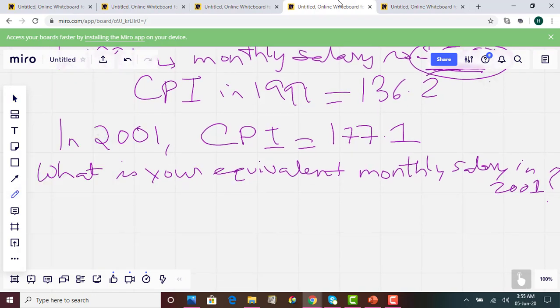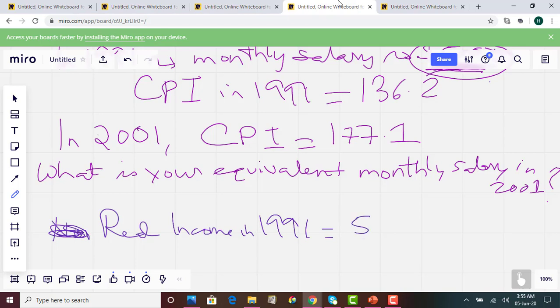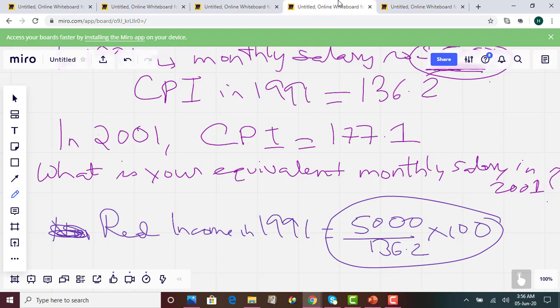So first we try to calculate this. The real income in 1991 is equal to 5,000 divided by 136.2 times 100. Now I am asking, what is the income that is equivalent to this in 2001?